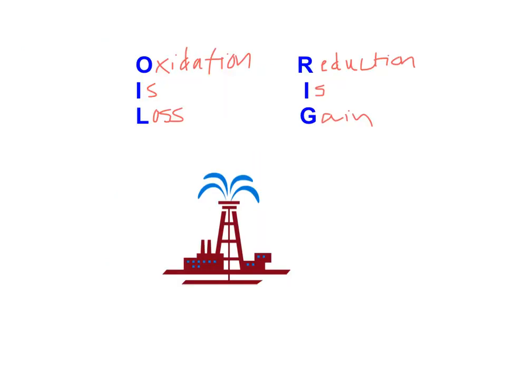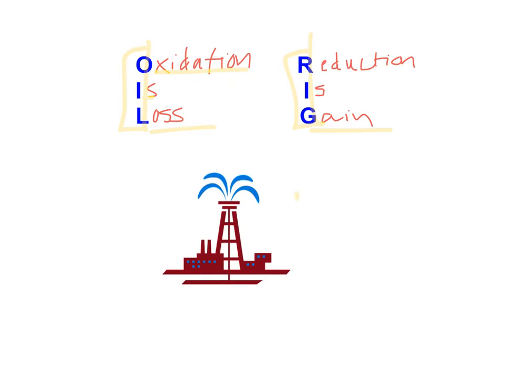So a helpful acronym to help you remember this is called OIL RIG, where OIL stands for oxidation is loss of electrons, and RIG stands for reduction is gain.